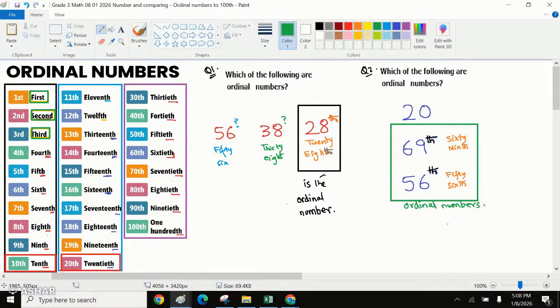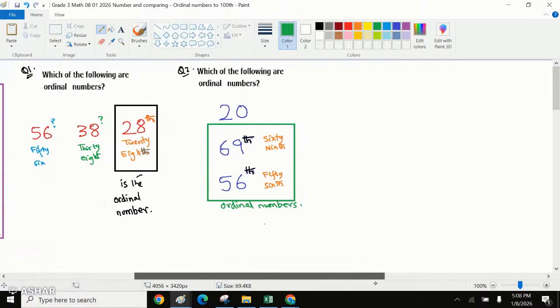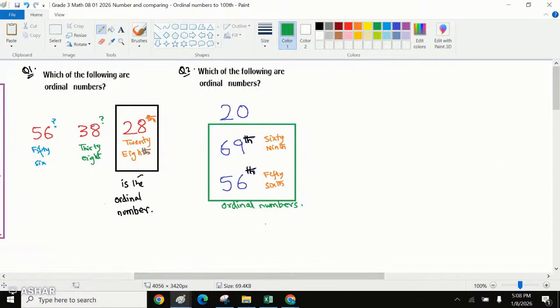Okay, Esther, if a number is not ordinal, what would that number be called? Let's suppose the question was, find which numbers are not ordinal. A number which is not ordinal is known as, can anyone help me out?